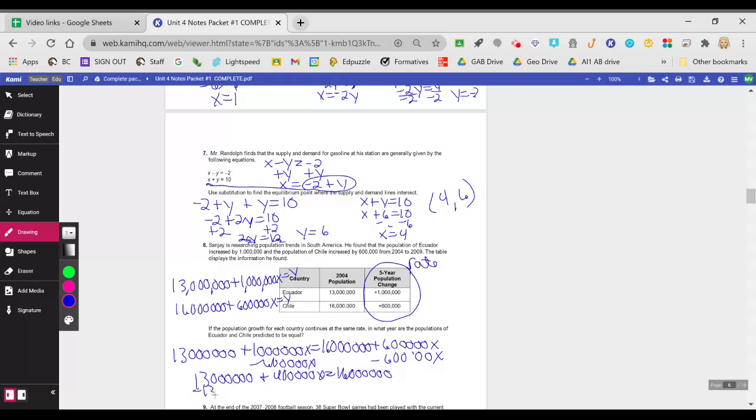Subtract 13 million from both sides. Gives me 400,000 x equals 3 million. I divide by 400,000 on both sides.